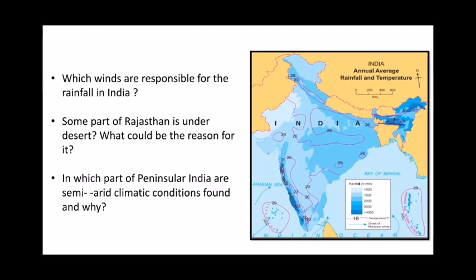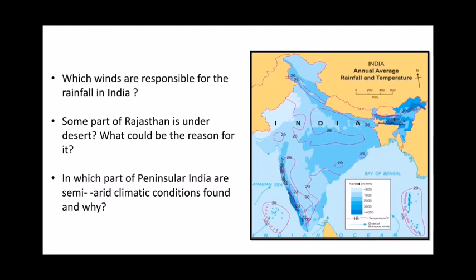Last question. In which part of peninsular India is semi-arid climatic condition found and why? So children, the part of the peninsular India which has semi-arid climatic conditions is the central part of the peninsular plateau comprising central Maharashtra, west Andhra Pradesh, eastern Karnataka and western Tamil Nadu.